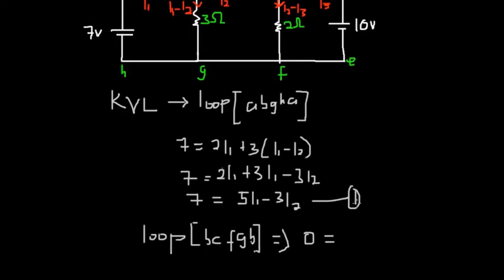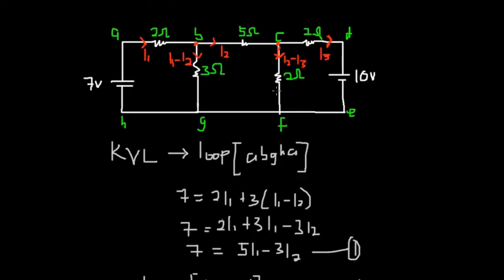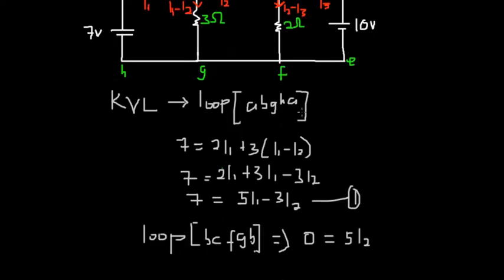So we have 5I2, and then we have 2I2 minus I3. This is moving in the same direction, the current is moving in the same direction, so it's positive. Right, so we have plus 2, and then you have open brackets I2 minus I3. Let's move on.